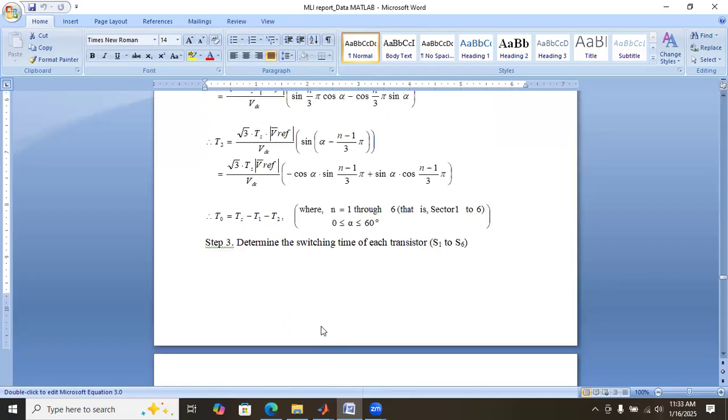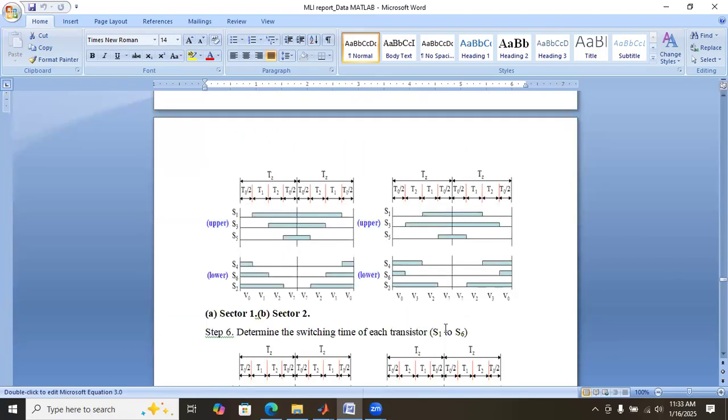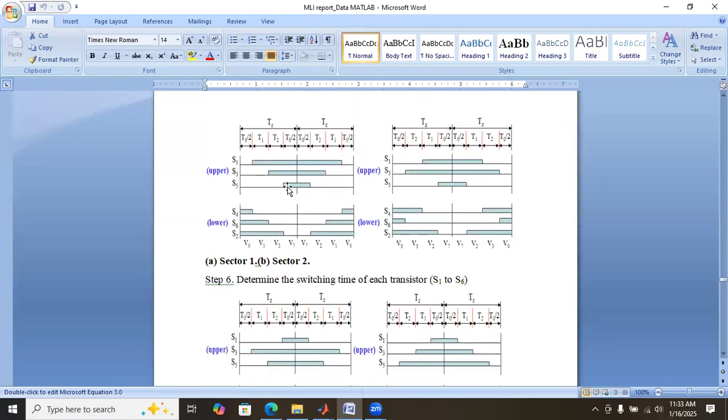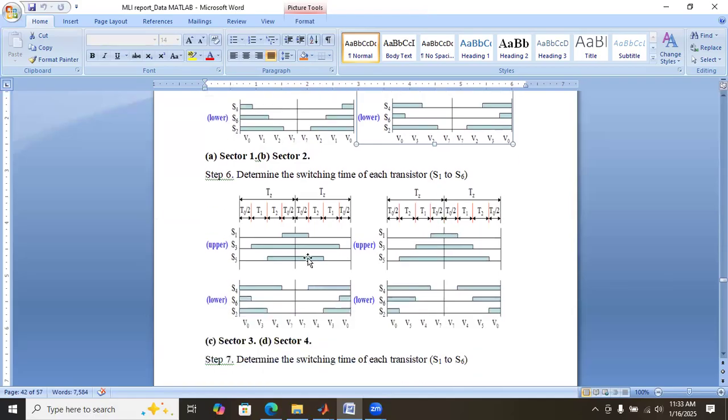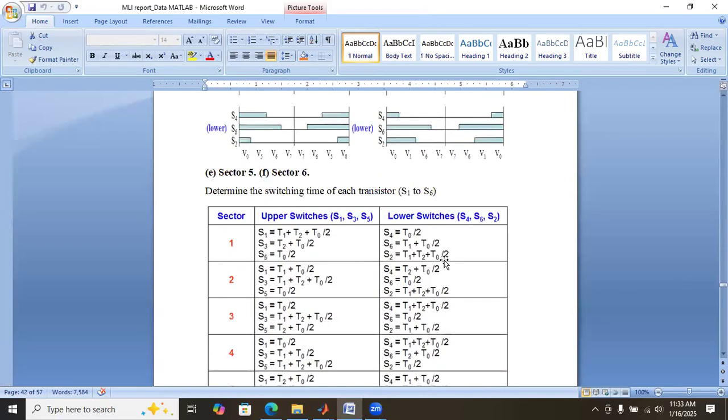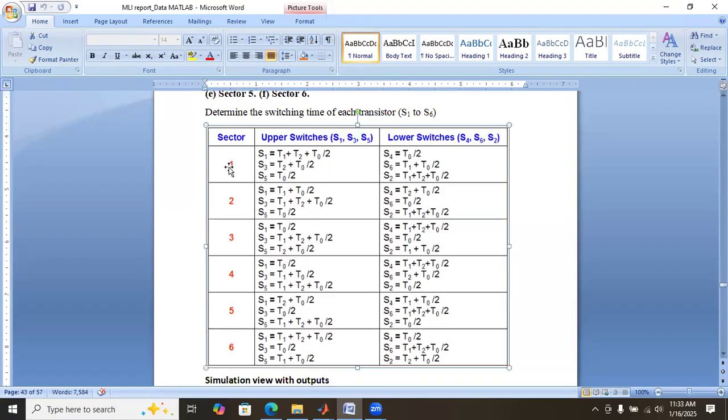And step 3 is to find the switching time for each switch, S1 to S6. Here for each sector, the switching time will vary. So according to that, we have to determine the switching time according to this table. In sector 1, S1 equals T1 plus T2 plus T0 by 2.